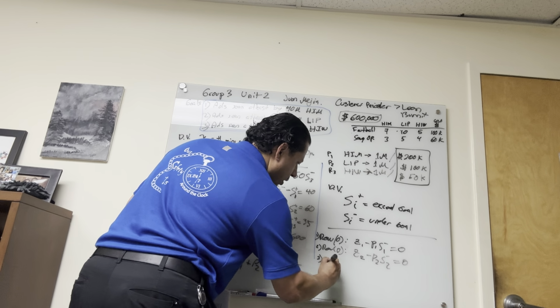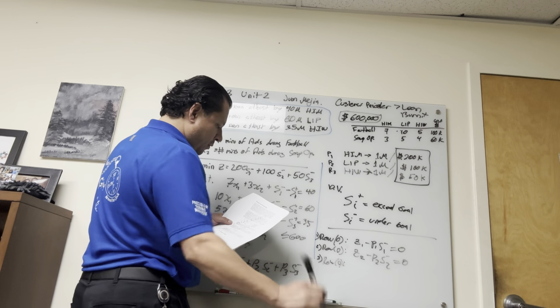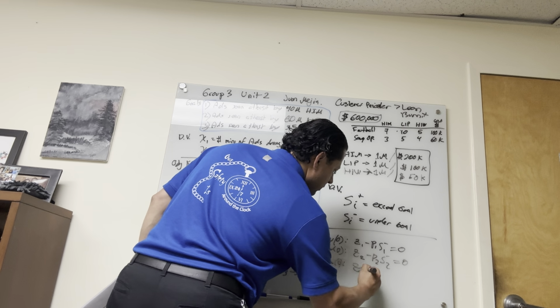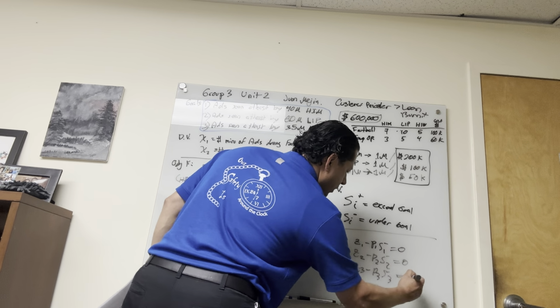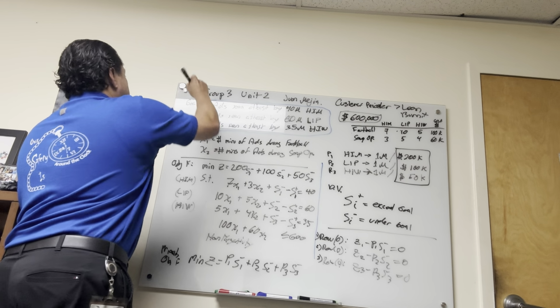And then there's the other row 0, for priority P3, which is Z3 minus P3 as -3, and we equate that to 0. So let me make sure I'm getting some ink on this one.